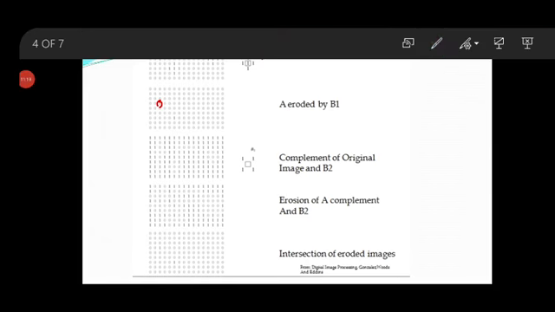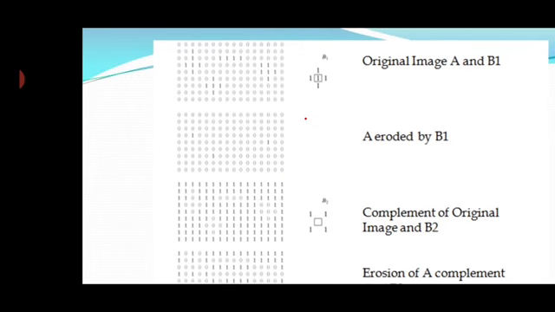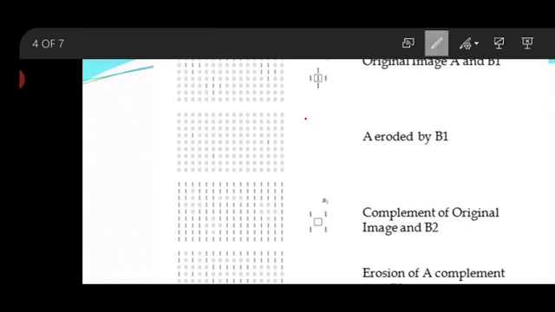Sorry, I'm getting some technical issues with the content. Now only one value will be matching, this pixel. Out of these operations, A erosion B1, only the corresponding 3 pixels will be retained, the first, second and third pixel.